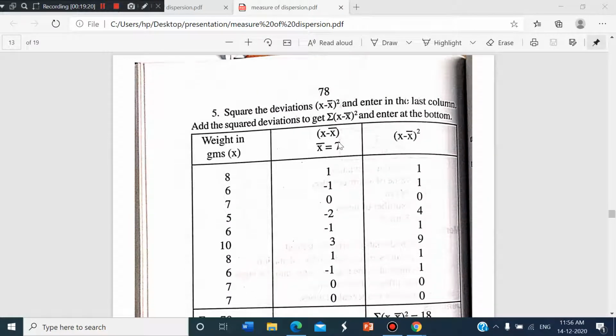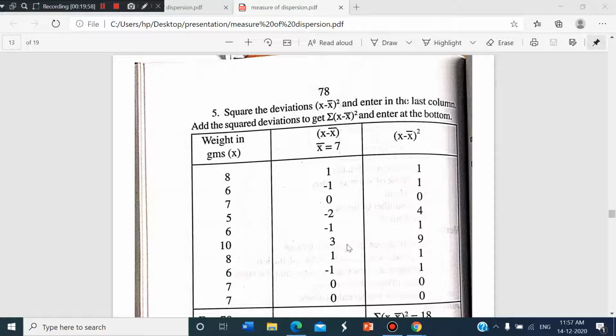So x minus x bar: 8 minus 7, 1. Next one is 6 minus 7, minus 1. Third one is 7 minus 7, 0. 5 minus 7 means minus 2. 6 minus 7, that is minus 1.